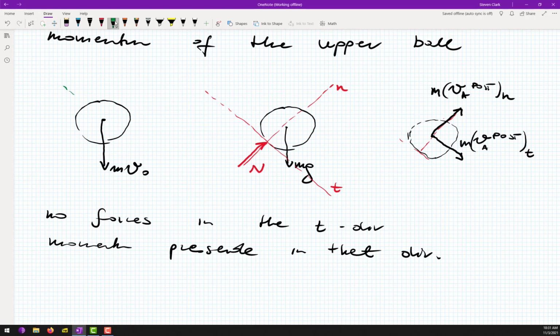So we need this component. And this will be mv0 sine theta, sine 30 degrees.